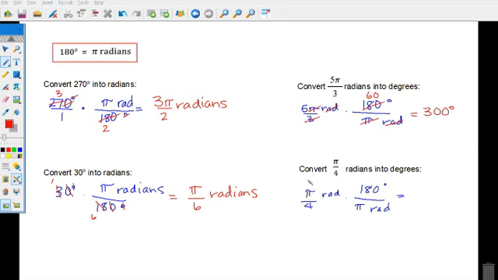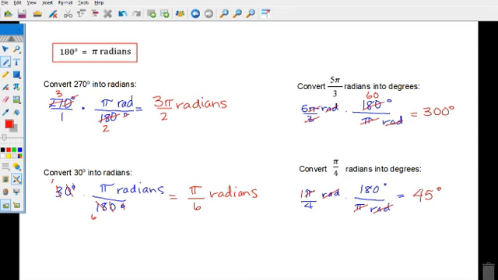When I start canceling out what divides to 1, radians divided by radians is 1, pi divided by pi is 1, and then I have 180 over 4. Now, you know that 180 divided by 2 is 90, so divided by 4 would be 45. You also have a calculator. I'm just not holding one in my hand.